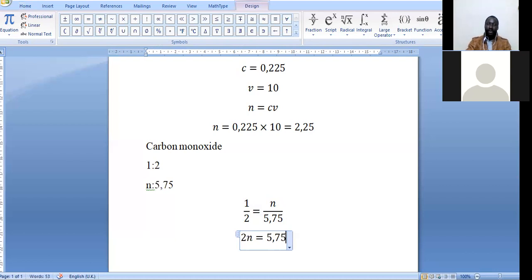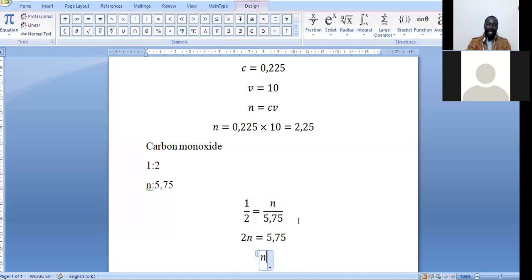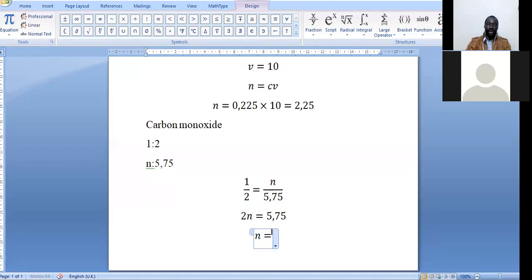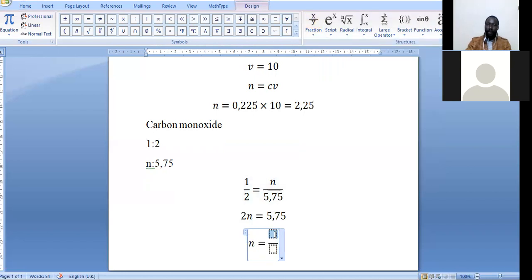To find the value of n, which in this case is the number of moles of carbon monoxide, we divide 5,75 by 2.